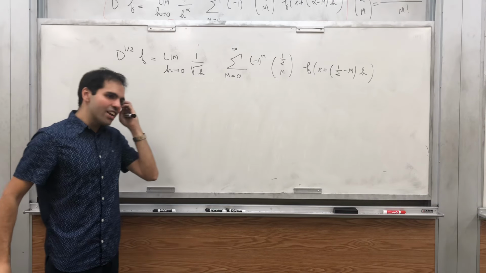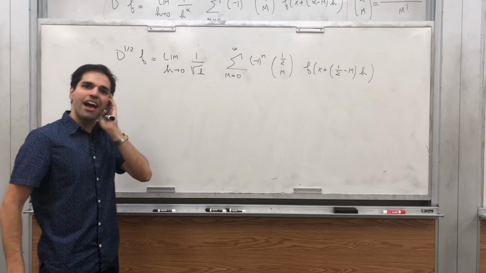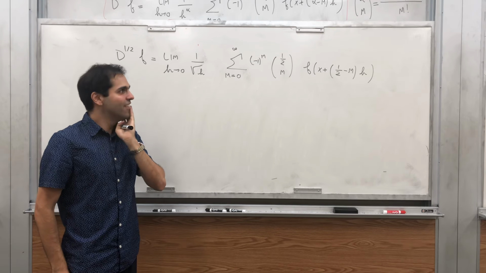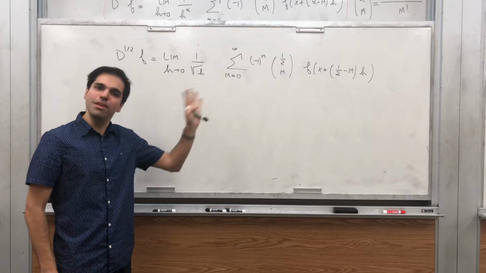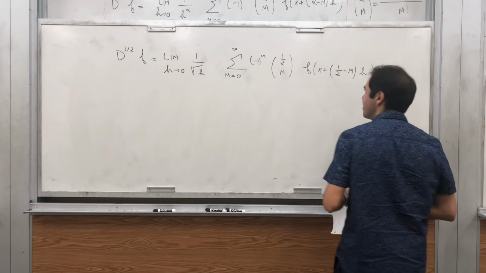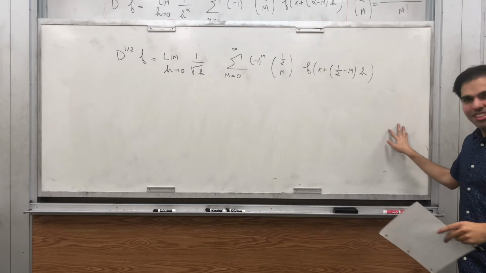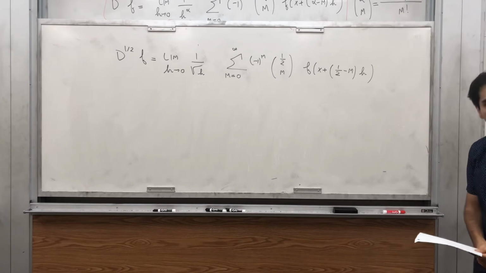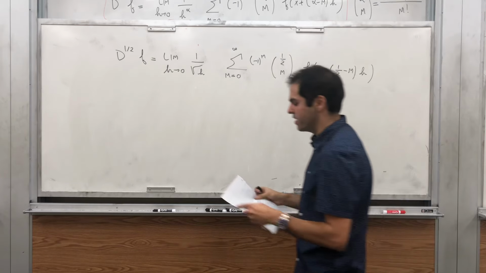And so I was thinking, well, maybe I can use this to calculate the half derivative of x. But even in this point, I was a bit confused because you have to sum up all those bunch of things. But I'm not going to do this, but instead I will show you this is consistent with the definition of the half derivative.